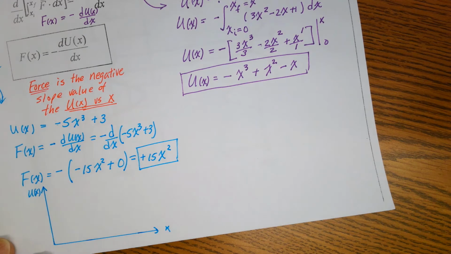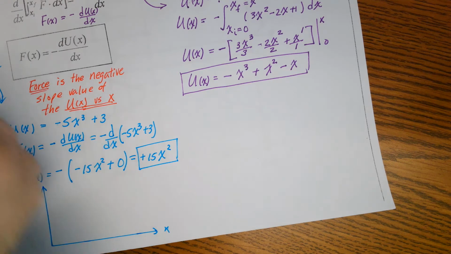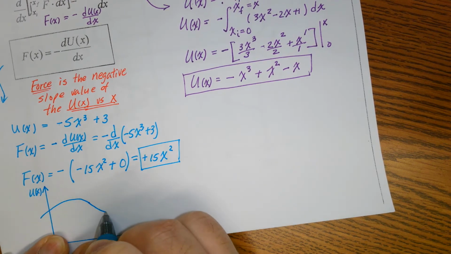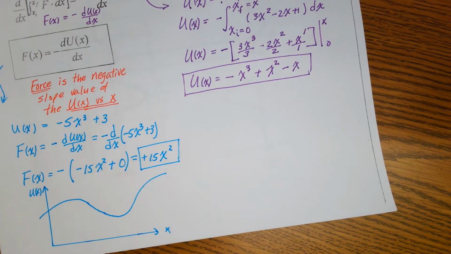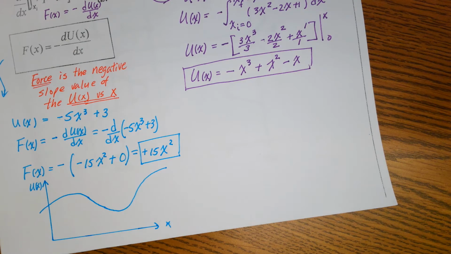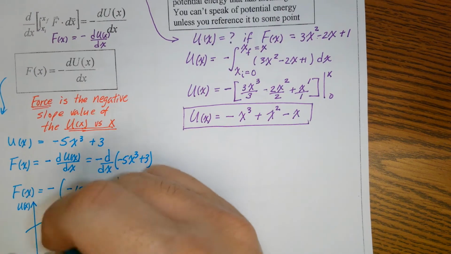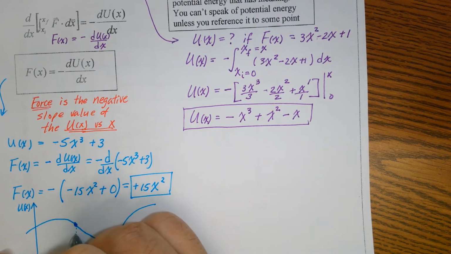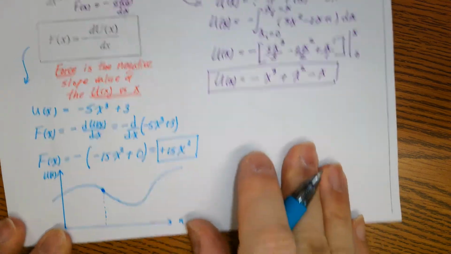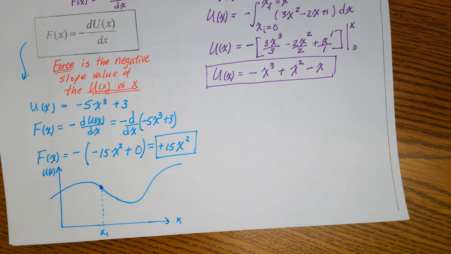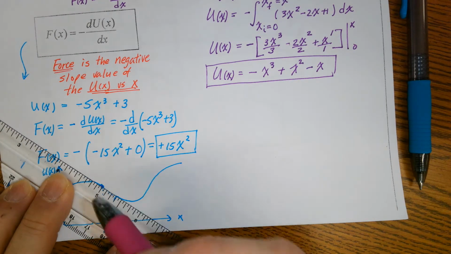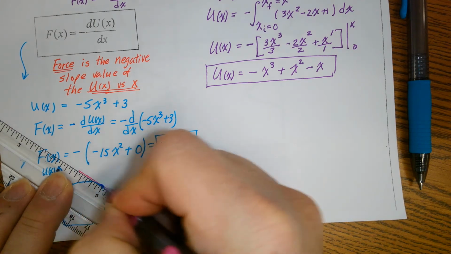If I have a function like this for my potential energy function, and I want to find the slope at this point, let's say at x1, the slope of this will be like that.